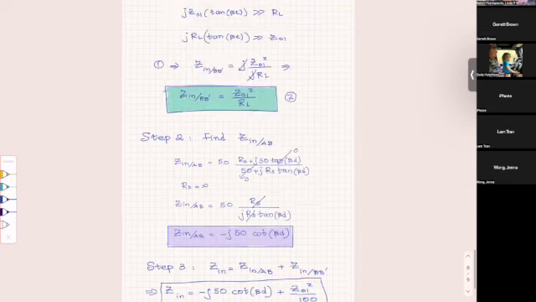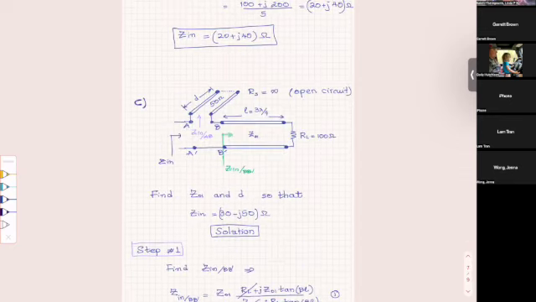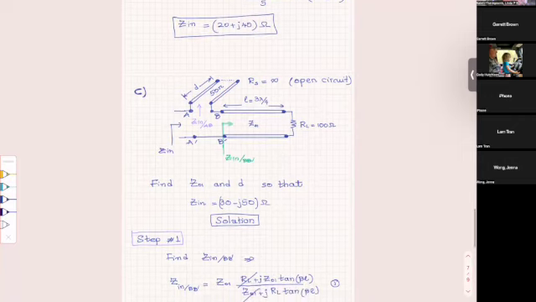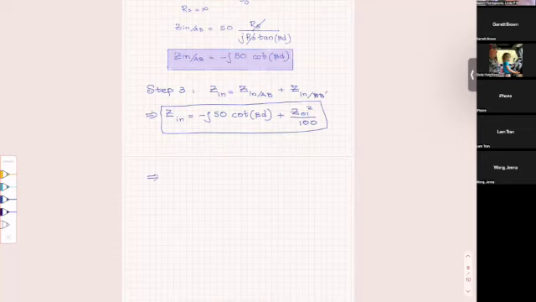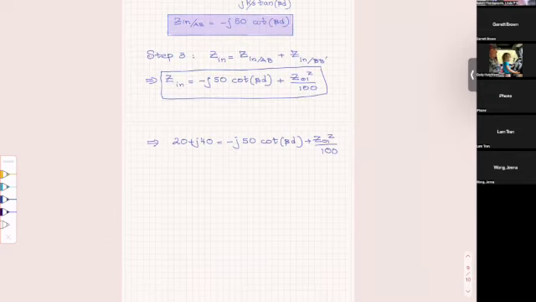Now, how much is the input? The input is 20 plus J40. So I want from here to make 20 plus J40 equal to minus J50 cotangent beta D plus this one. Okay, so now you have two complex numbers.